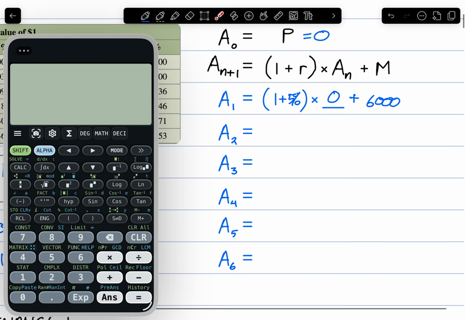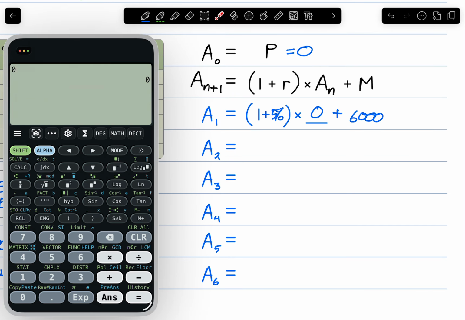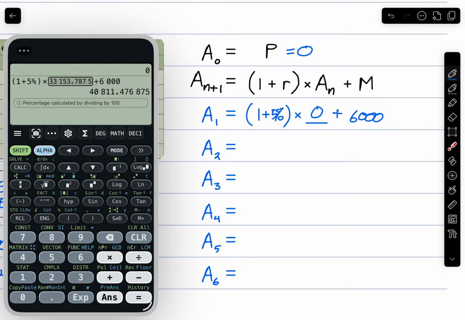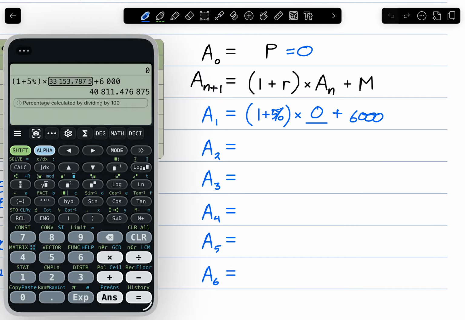So we've seen this using the calculator, so 0, and then we go 1 plus 5% times our previous answer, plus 6,000. And we can press this 6 times: 1, 2, 3, 4, 5, and 6. You can see after 6 repetitions, we get the same answer, 40811.476.